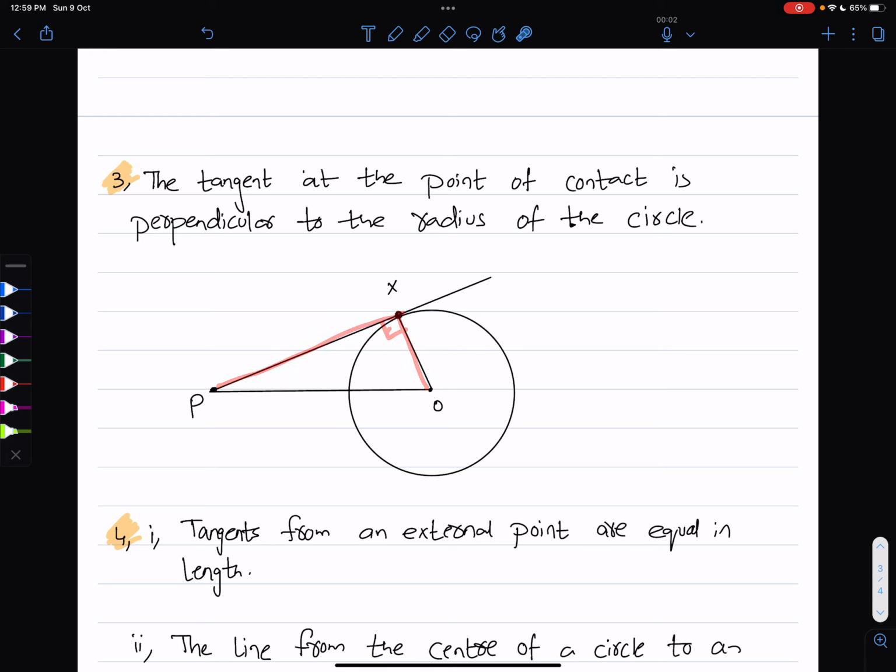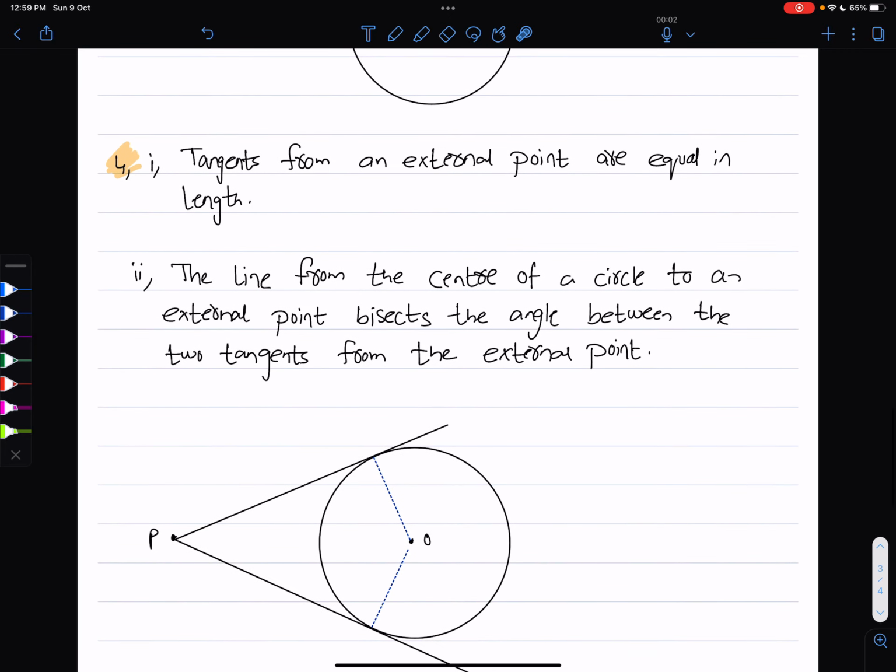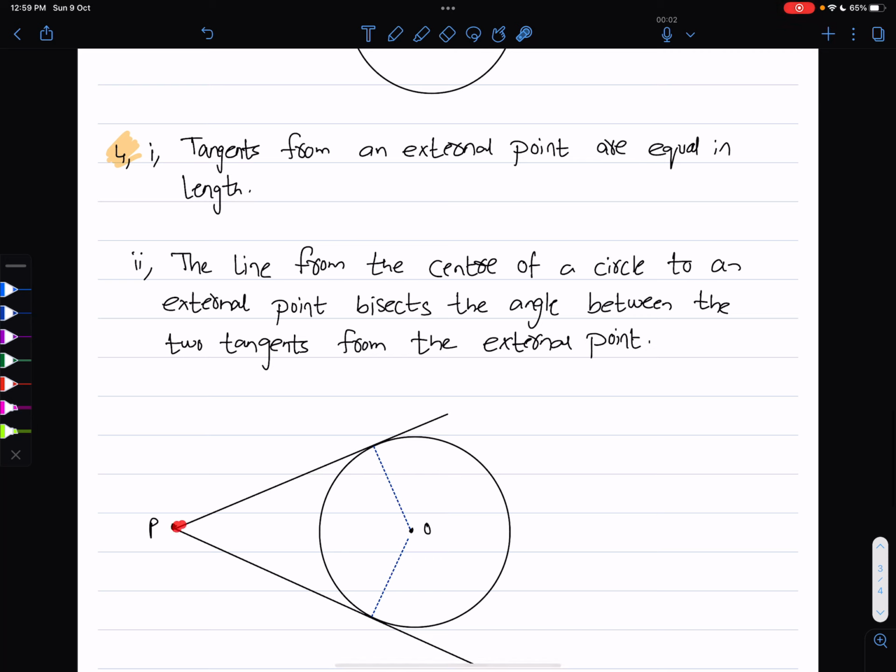Now if I extend this property further, from a single point you can draw two tangent lines, right? I can see that the tangent lines are going to touch the circle at two different points.